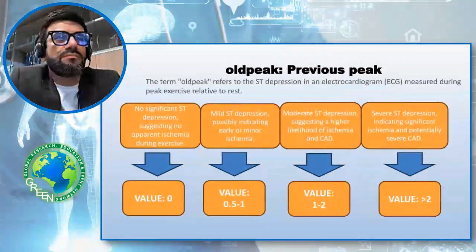For example, the value 0 means no significant ST depression has happened, and a value from 0.1 to 1 means a mild type of depression has happened. A value more than 2 means severe ST depression and actually indicates significant ischemia and even potentially severe CAD.